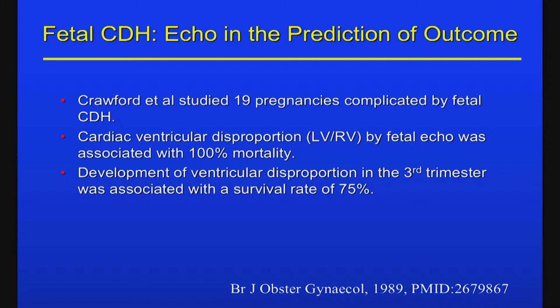In fetal CDH, Crawford studied 19 pregnancies complicated by fetal CDH and looked at cardiac ventricular disproportion. That is a relatively small LV compared to an RV by fetal echo. When they found that early in the course, it was associated with 100% mortality. Developing late in the 3rd trimester had a much better outcome. Probably this is related to the severity of the hypoplasia as well and the severity of the disease.